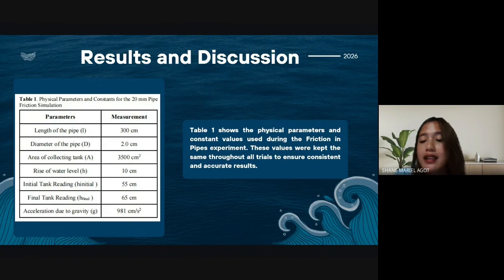To maintain consistent measurements, the water level in the collecting tank was allowed to rise by 10 centimeters during every trial. The initial water level starts at 55 centimeters and timing stops once the level reaches 65 centimeters. The time required for this rise was used to determine the flow rate and average velocity of the water inside the pipe.